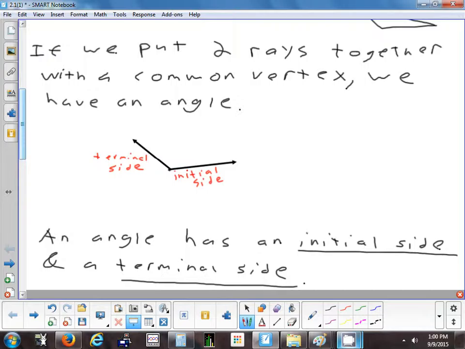And how do you really tell which side is which? Well, if you start at one side and you go in a counterclockwise direction, the side that you end up at, that's the terminal side. Wherever you end, that's the terminal. Wherever you started from, that's the initial.